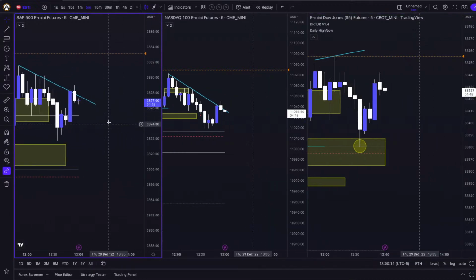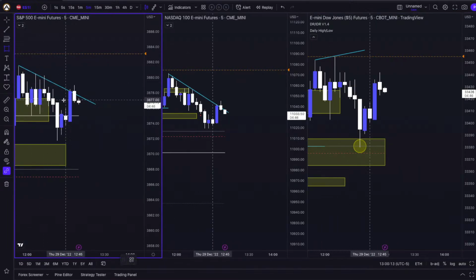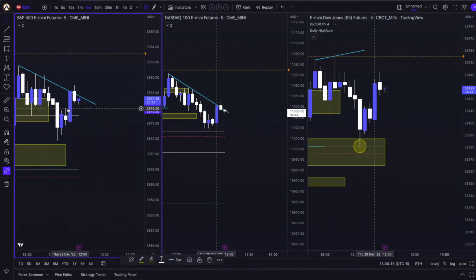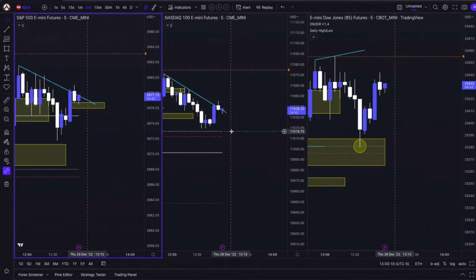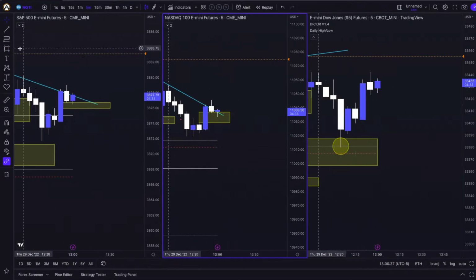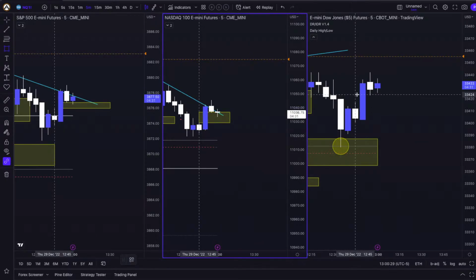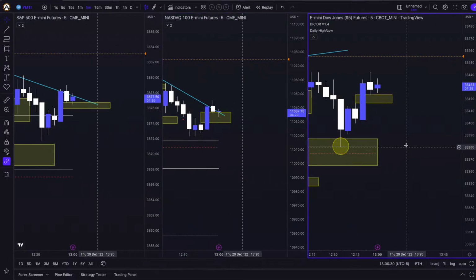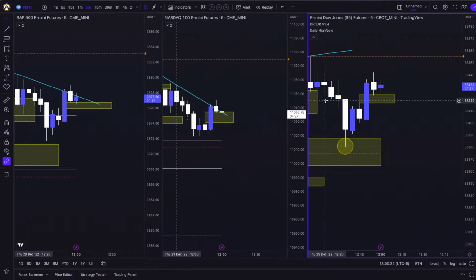So note this fair value gap we just formed on basically all three charts right here. Also on Nasdaq, since the DXY is dropping hard now, we should be able to see some sort of inverted correlation.